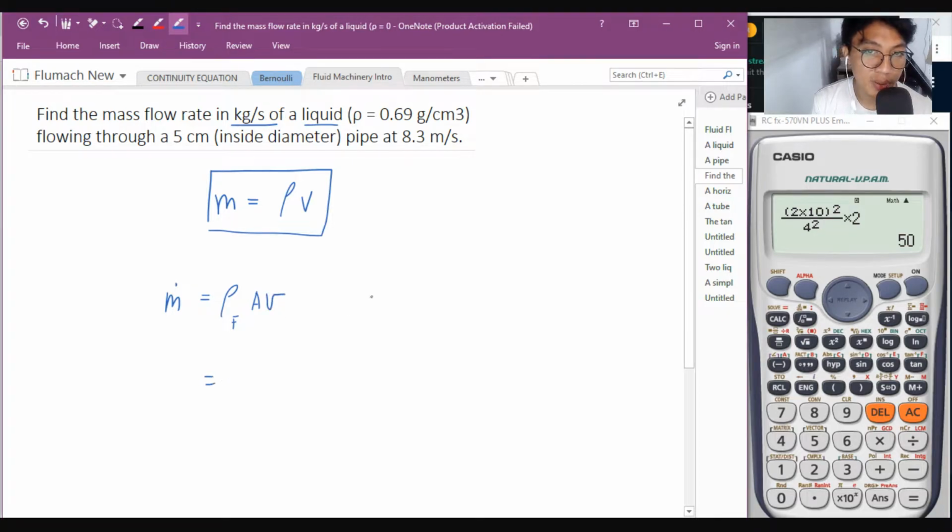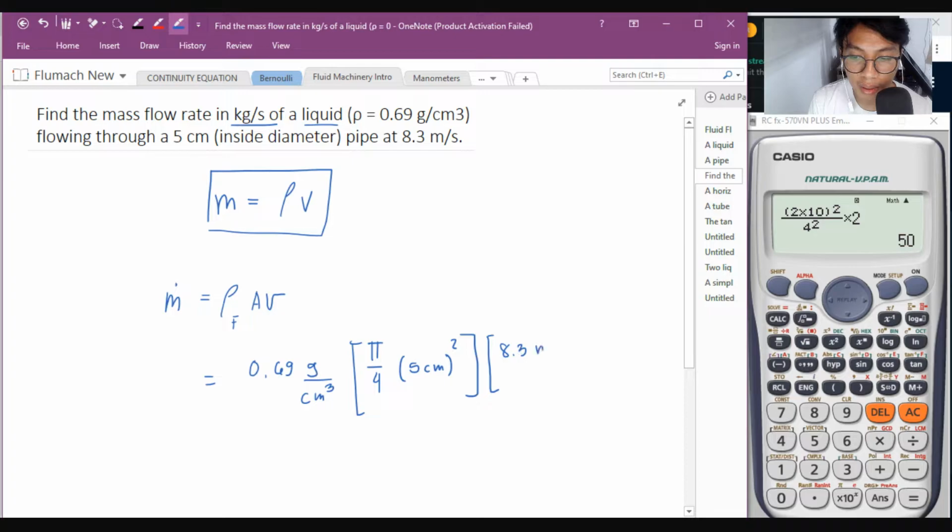Yan. So, what is the density of the fluid? 0.69 grams per cm cube. Tapos, yung kanyang inside diameter na 5 cm, pi over 4 d squared. So, 5 cm squared multiplied to d, velocity of the flow, 8.3 meter in every second. Now, ang problema mo dito, tandaan nyo, sa lahat ng solving, ang i-consider mo parati dyan, yung magiging dulong unit.